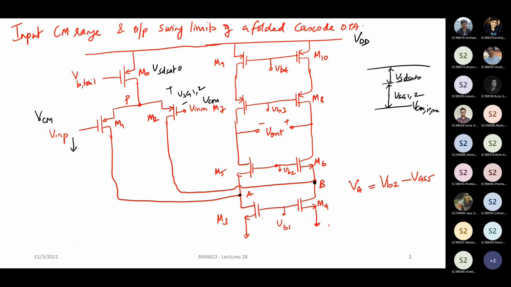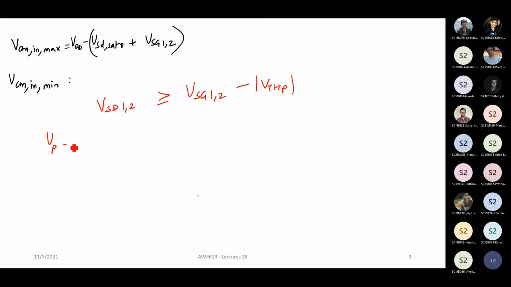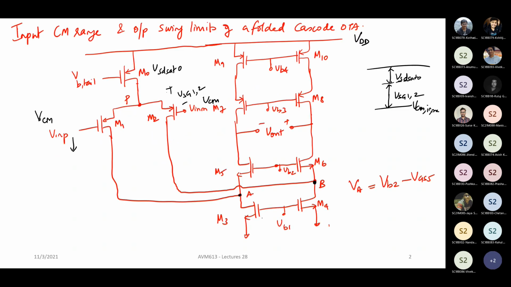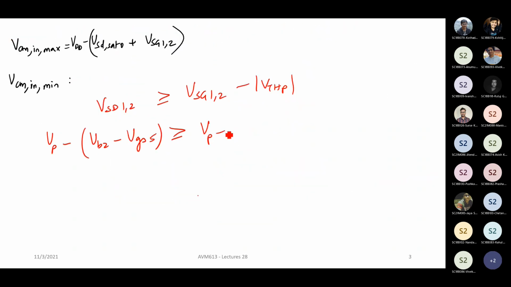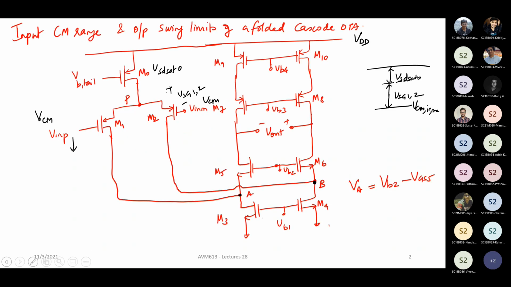So VSD can be written as VP minus of VB2 minus VGS5, which should be greater than or equal to the source to gate voltage, which is VP minus VCM in minus VTH. Got it?